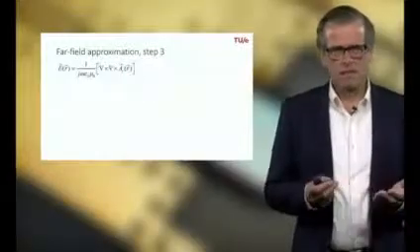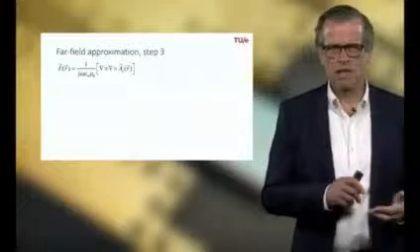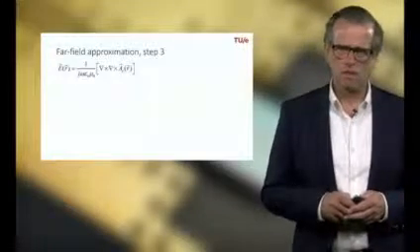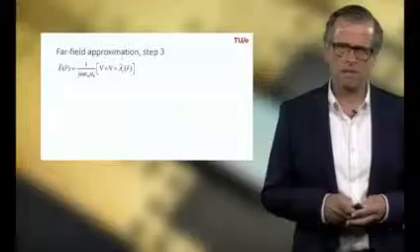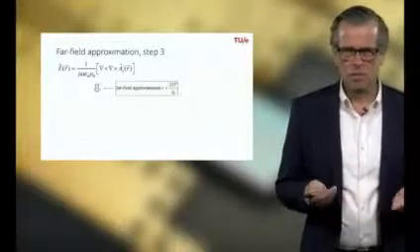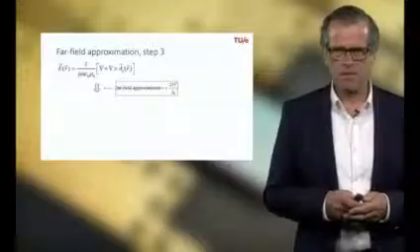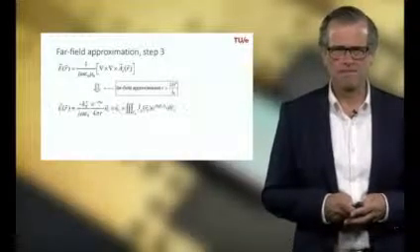Now, the next step, step 3, is to look into the electric field. We have done the approximations for the magnetic field. We can do a similar kind of approach for the electric field, starting with this equation. If we do that, we arrive at the same kind of approximation with the same far field condition as given here.